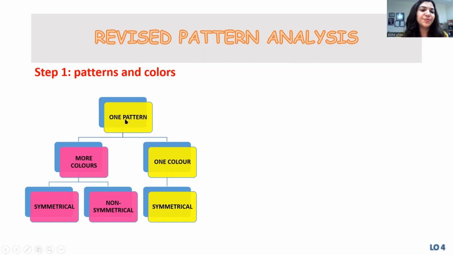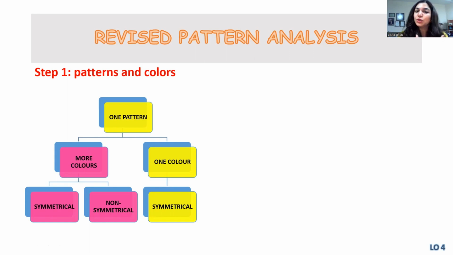Another option is there. If the pattern is one, but it is of different colors, there are more colors, then either it could be symmetrical or it could be non-symmetrical. How do you decide? Just simply on the basis of the 2 lines that are drawn through the middle of the lesion, one horizontal, one vertical, and then you see both sides, compare them. If they seem all right, mirror image like or similar, you say that the lesion is symmetrical.